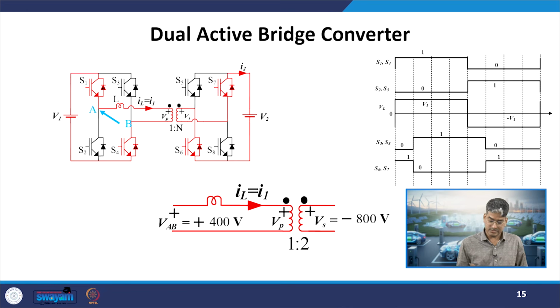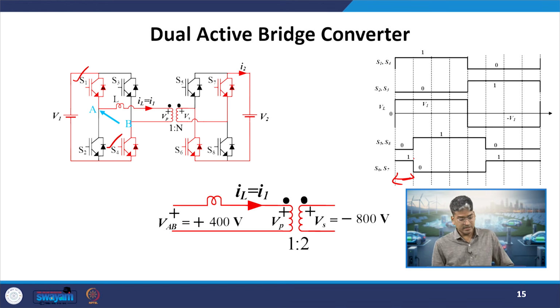Now, let us see this operation for the first division, okay. So, in this first division, if we see which switches are on the primary side, it is S1 and S4, okay. S1 and S4 are on. On the secondary side, S6 and S7 are on, okay.